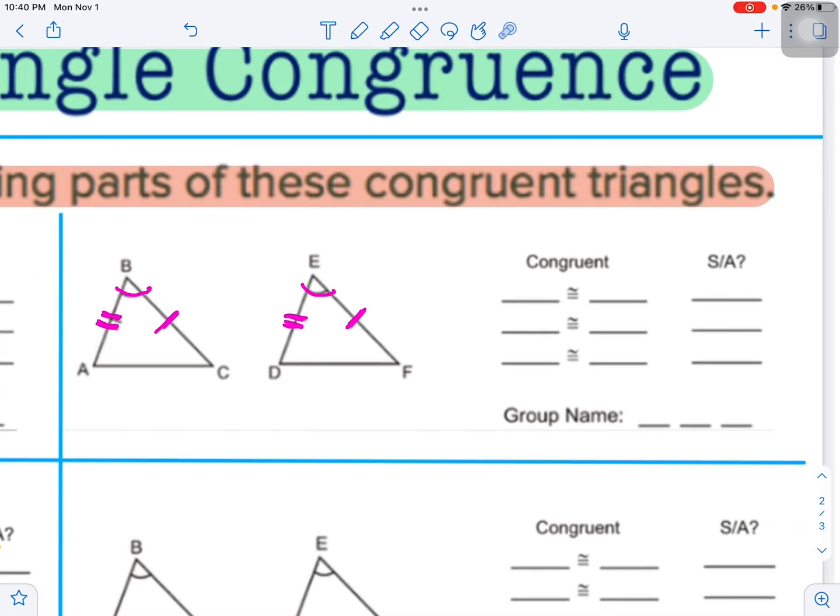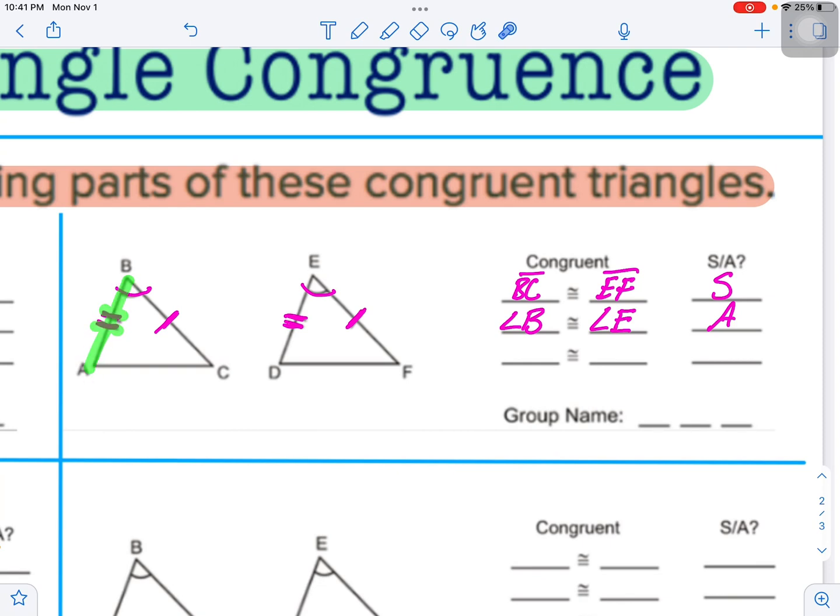So first we have this side with that side: side BC is congruent to side EF. That's a side. Next we have our angles. Angle B is congruent to angle E. And these are angles.